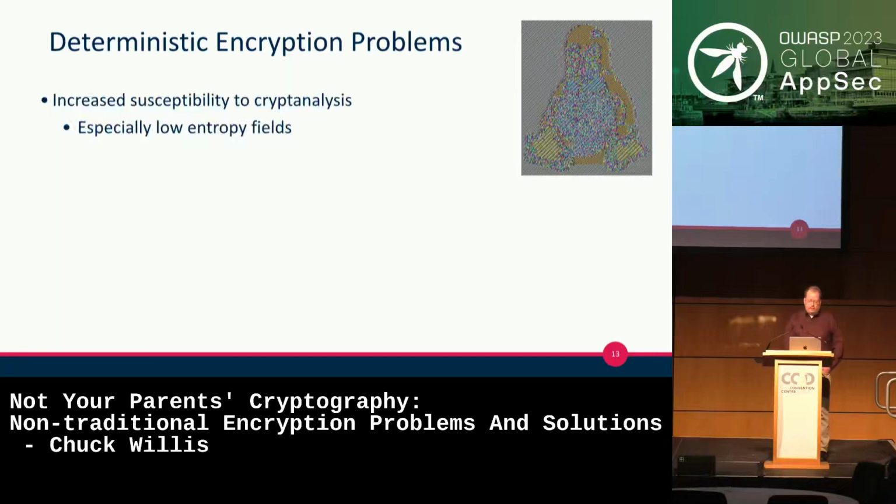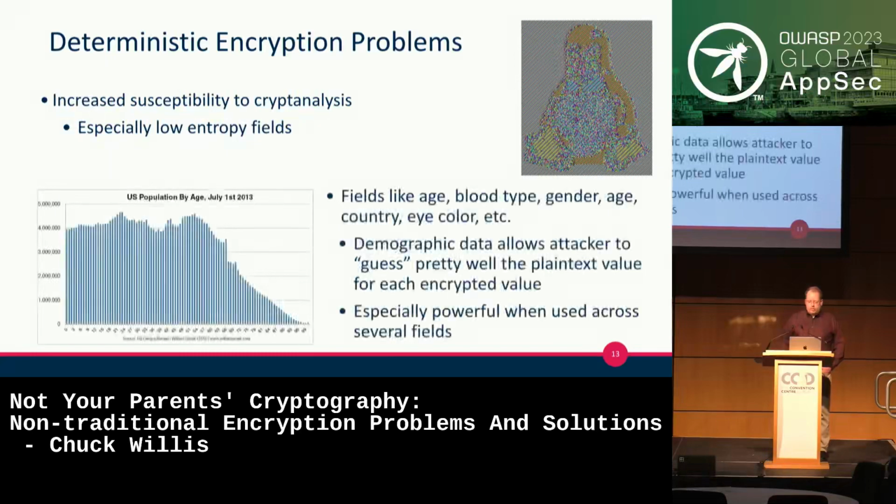It's also very problematic in low entropy fields. So when you've got something like age or blood type, gender, age again, country, eye color, there's a lot of things where there's only going to be so many values it can be, and then you can start drawing inferences just by frequency analysis across things.